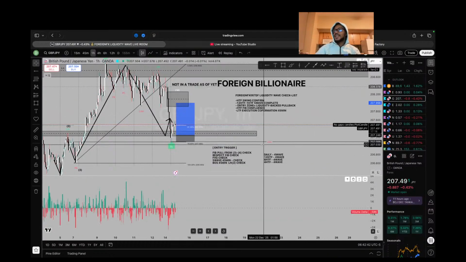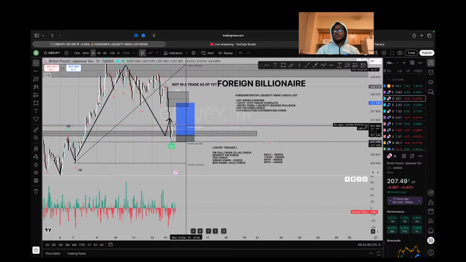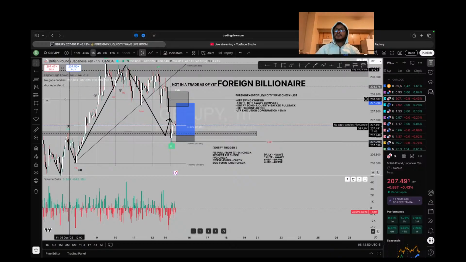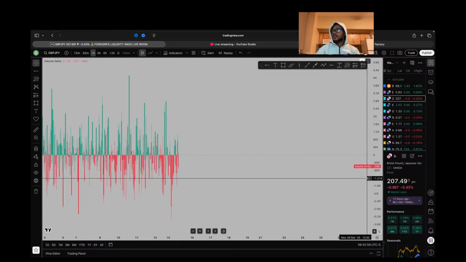Let me see what it looks like. I see other people have it on the left. How do I get it on the left?